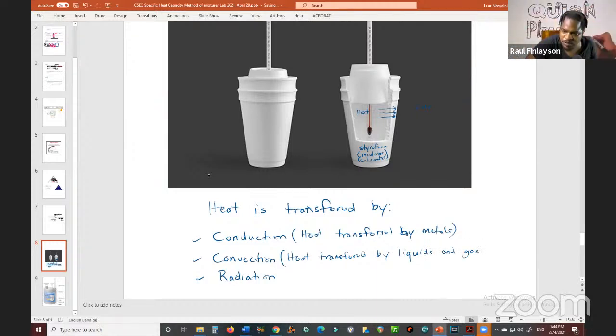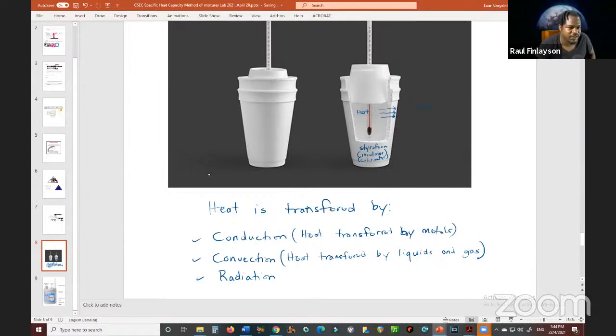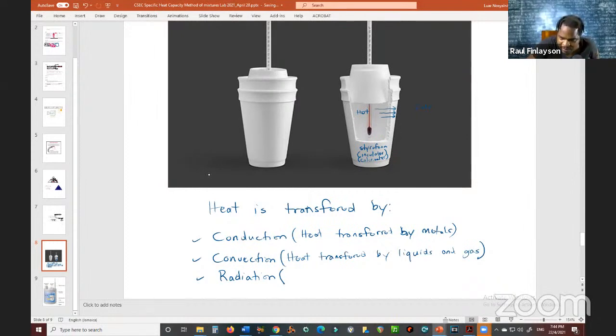So when we're designing a material that's an insulator, meaning that we don't want any heat to pass from one side of it to the other, we have to prepare for all of these 3 methods. So the foam now takes care of the conduction, because there's no metal, so there you go. So it won't be conducted.